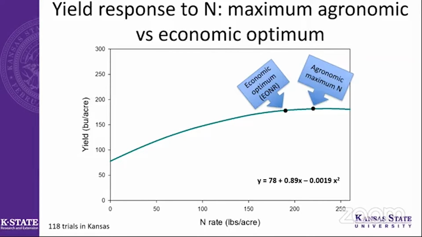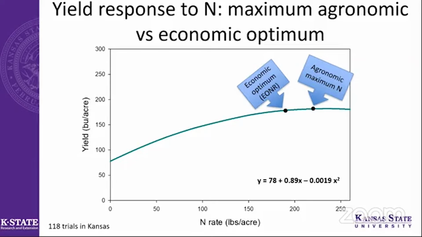we really need to be targeting economic optimum. And so this is a regression line that was developed based on close to about 120 location trials that we have in Kansas. And what you have here at this point is the agronomic maximum nitrogen, and the economic optimum nitrogen usually will tend to be lower than that.